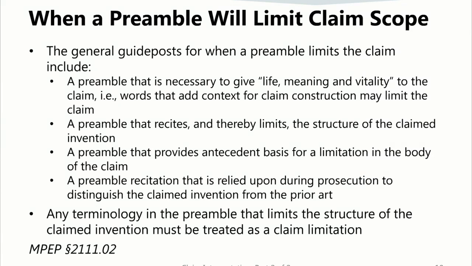Further, if a limitation in the body of the claim depends upon the preamble for antecedent basis, for example, terminology in the body refers to terminology in the preamble, then the preamble is required to understand the claim and should be considered as providing a claim limitation. Finally, any preamble that is relied upon during prosecution to distinguish the claimed invention from prior art is therefore considered to limit claim scope.